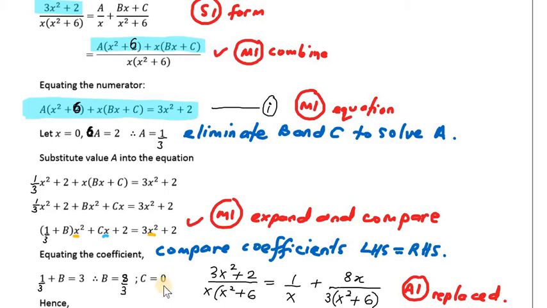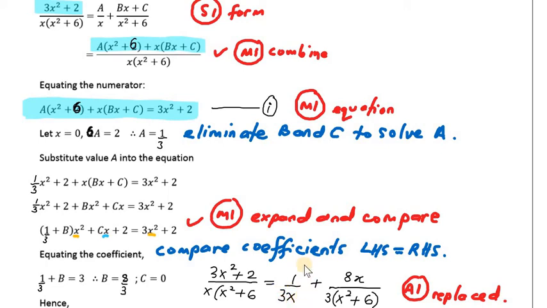But for the answer, you cannot just stop there. You have to replace back according to your assigned variables. A, b, c are your assigned variables. So a, we got just now as 1 on 3. So as we replace here, a is 1 over 3, so 1 on 3x.